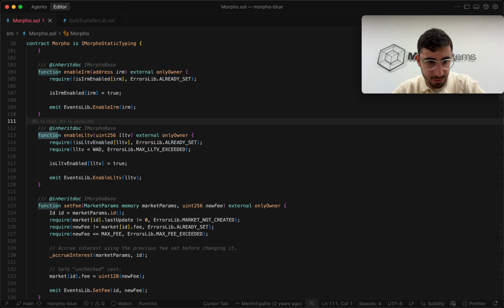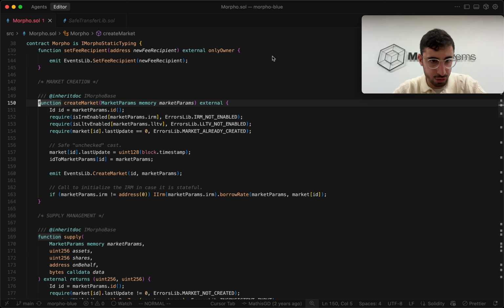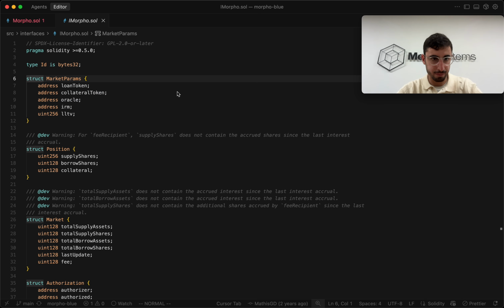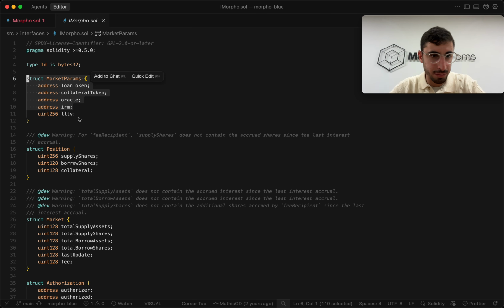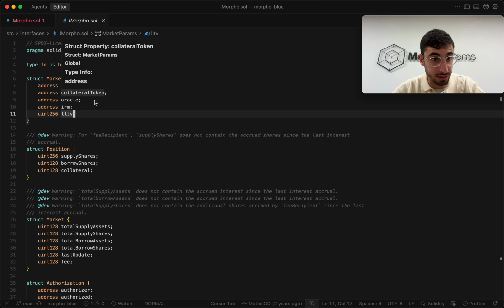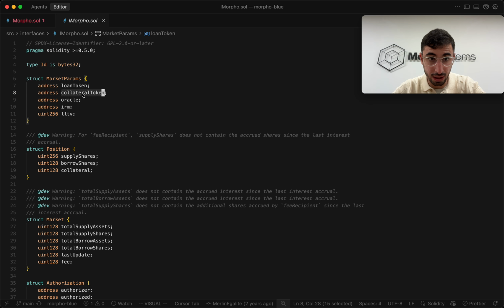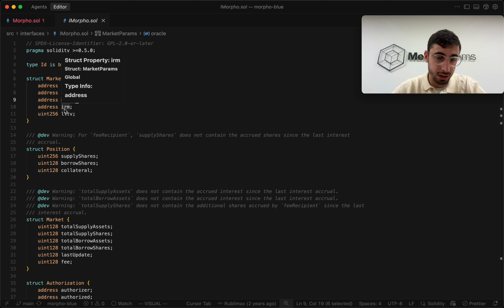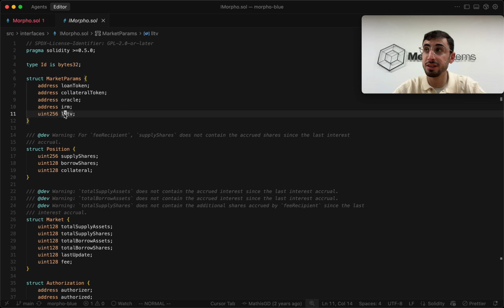Okay, so let's go back, function create market, and create market takes market params. So market params takes 5 things: the loan token, the collateral token, the oracle. IRM is the interest rate model, and LTV is loan to value.